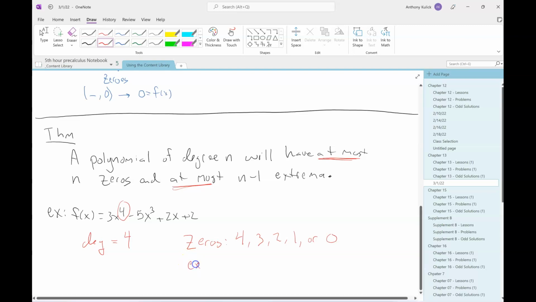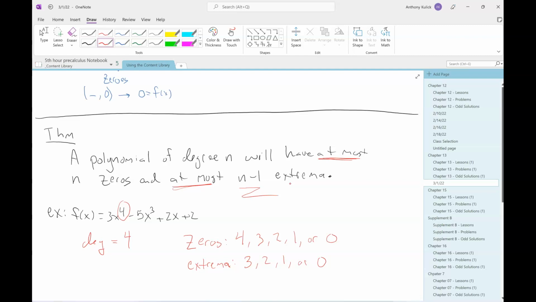And how many extrema can we have? Three, 2, 1, or 0 extrema. Again, because we have n minus 1 extrema. So 4 minus 1 is just 3. Is everybody okay with that?